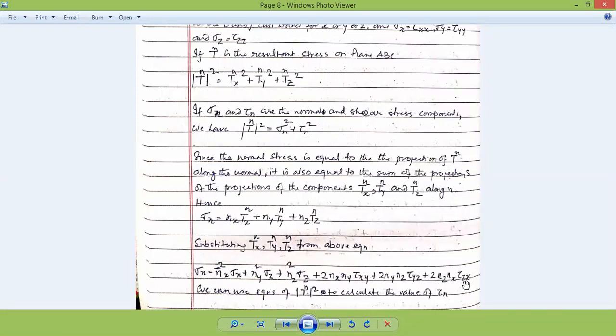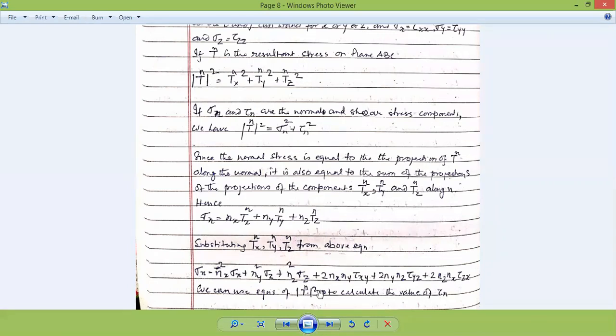If we simplify, this will take this particular form for sigma n, where we are supposed to know sigma x, sigma y, sigma z, tau xy, tau yz, tau zx, and all the relative direction cosines. So you can get sigma n, and using this equation and knowing the value of sigma n and sigma, we can get the value of tau n.